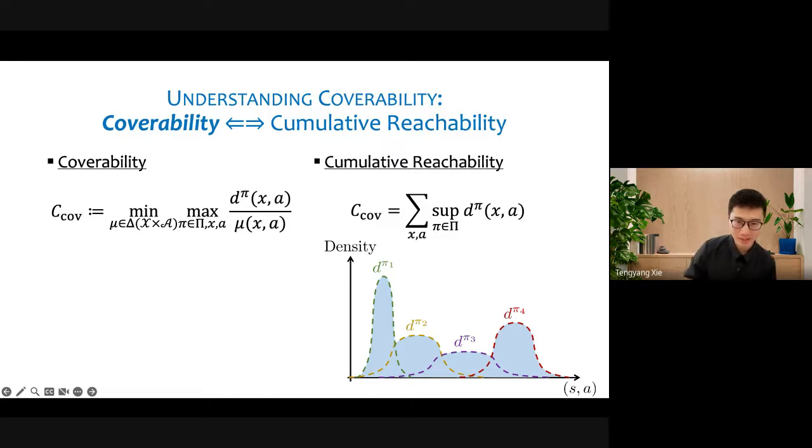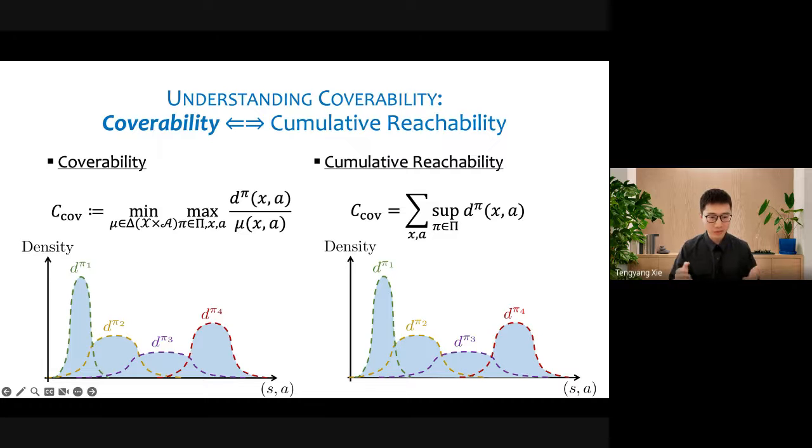So why is it equivalent to the coverability? That is because if we want to find the best possible data distribution, we have shown that the distribution is just we normalize this blue region using its total mass. That is here. We just press that blue region to ensure that it's normalized. Therefore, it is easy to show that the value of the cover is actually the same as the total mass of this blue region.